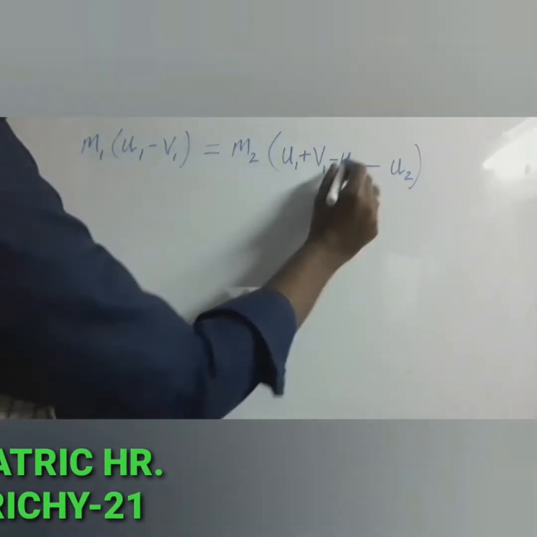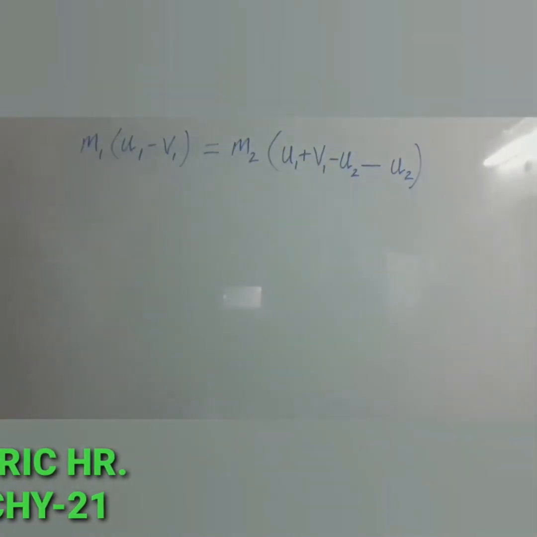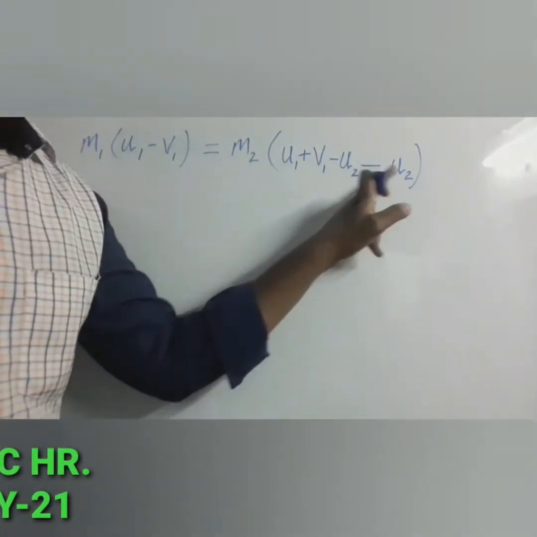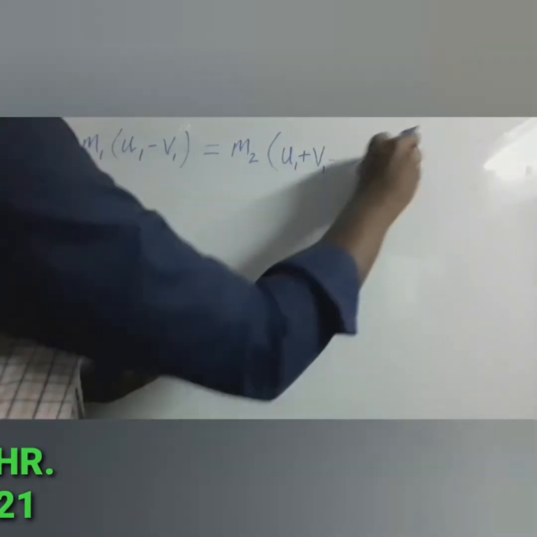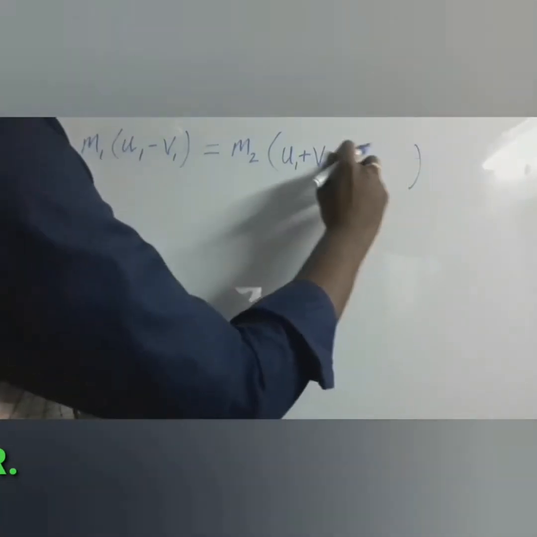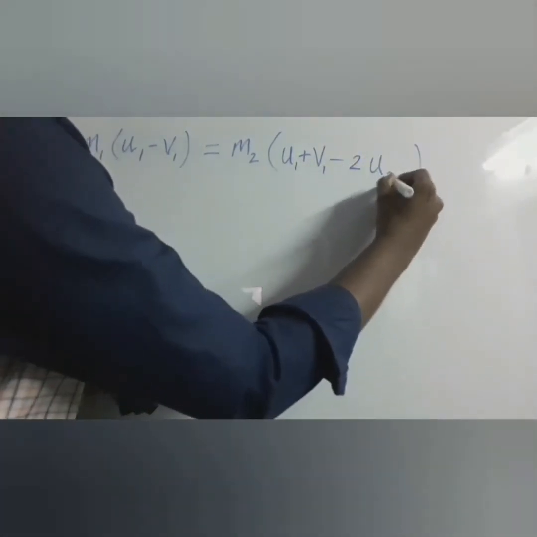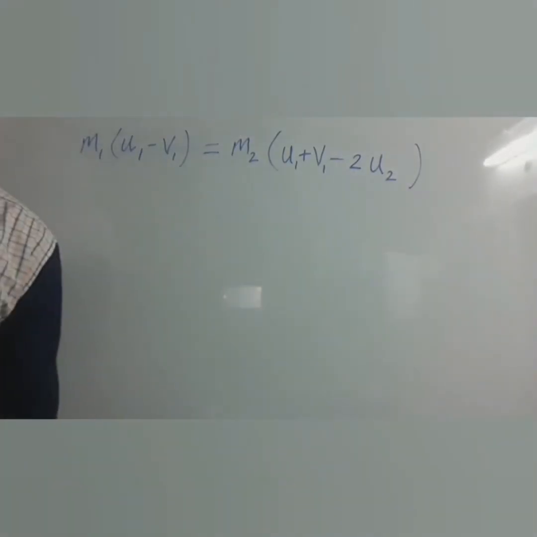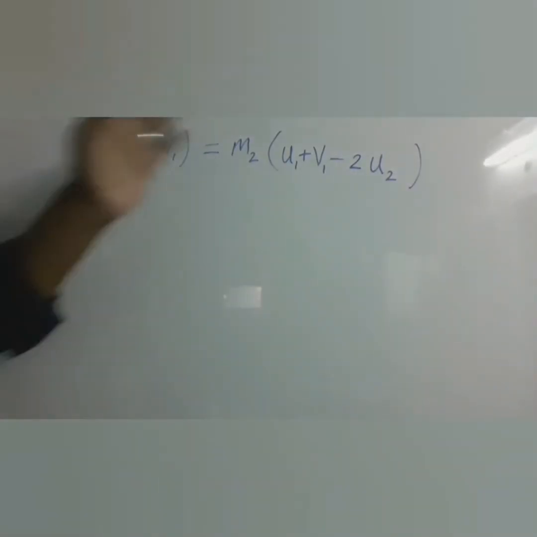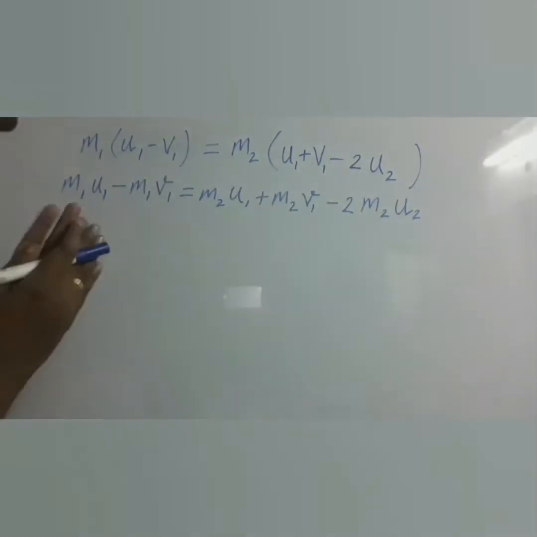So I have substituted the value of V2. Now we have minus U2 minus U2, then it will be equal to minus 2U2. Now take the mass values inside the bracket.